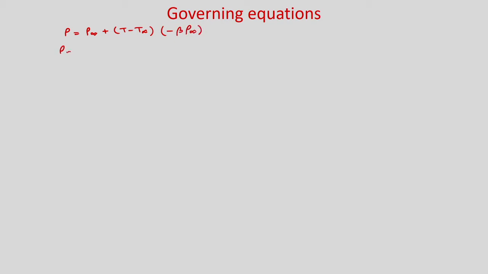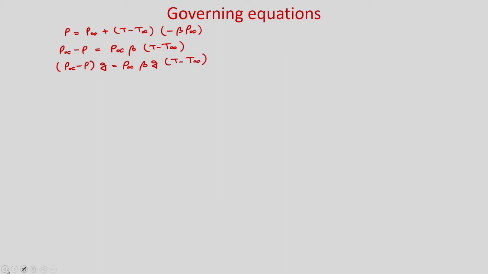You can rearrange and write rho infinity minus rho as rho infinity into beta into t minus t infinity, and rho infinity minus rho into g as rho infinity beta into g t minus t infinity.